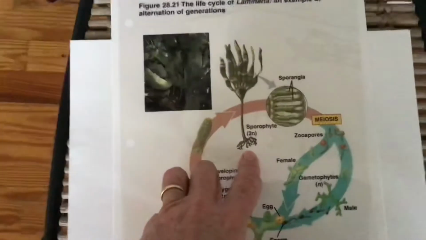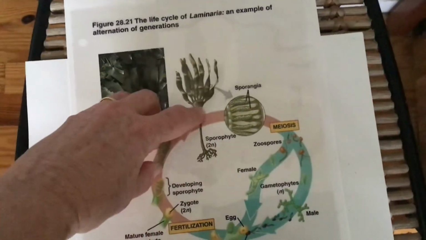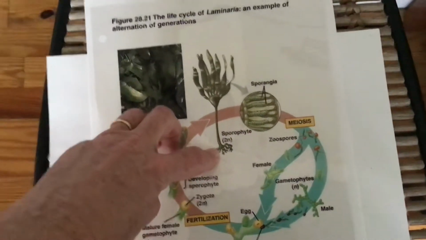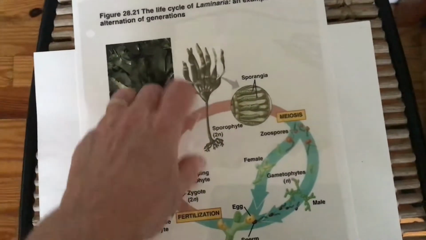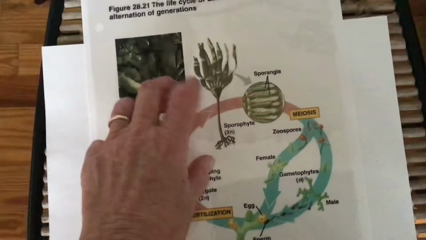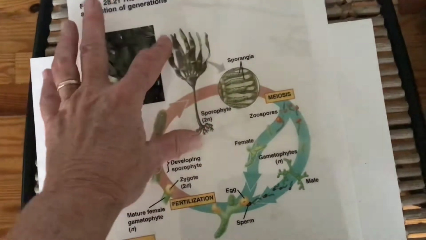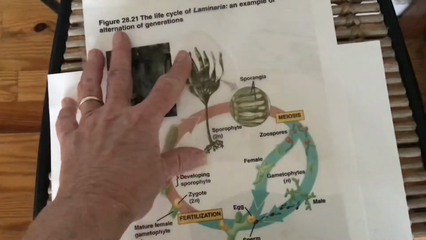This whole thing is called a thallus. They have the thing called the holdfast down here. They have a stipe, which is basically kind of like a stem, and they have a blade, which is, this part would be like the leaf. All right, so it really does look like a plant. This, however, is multicellular, but it doesn't have a vascular system or anything like a plant would have.